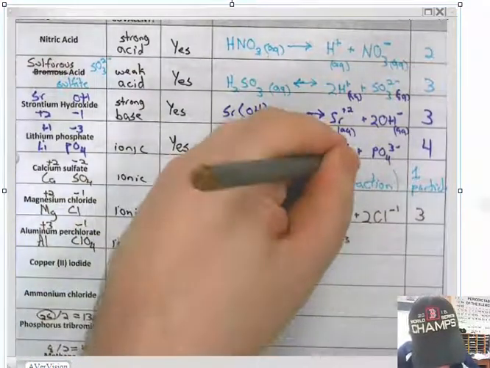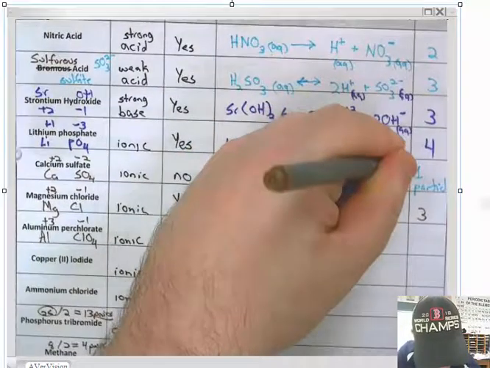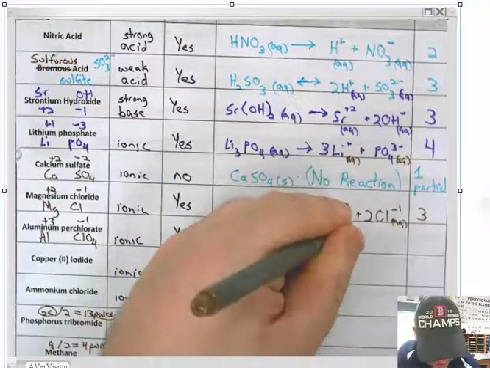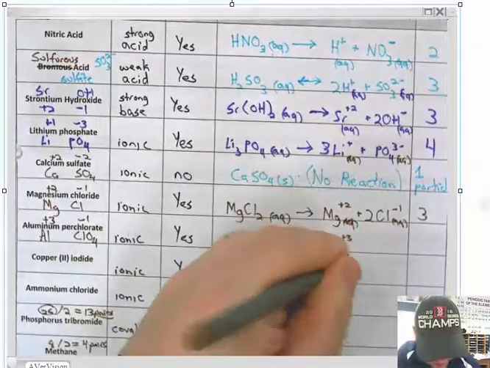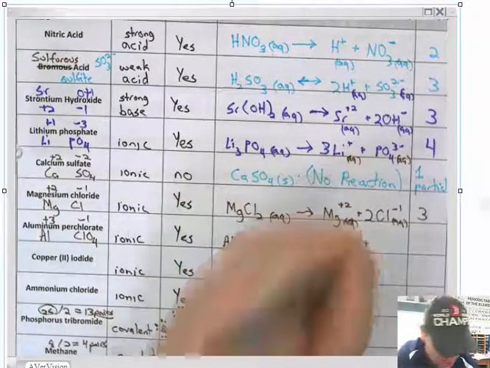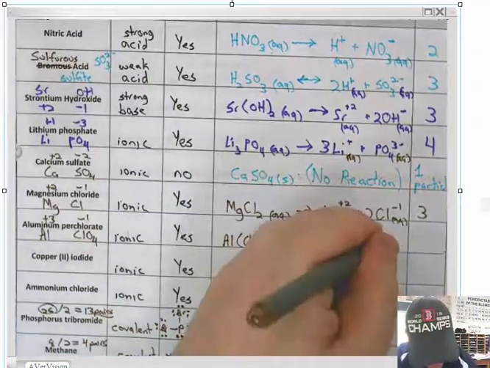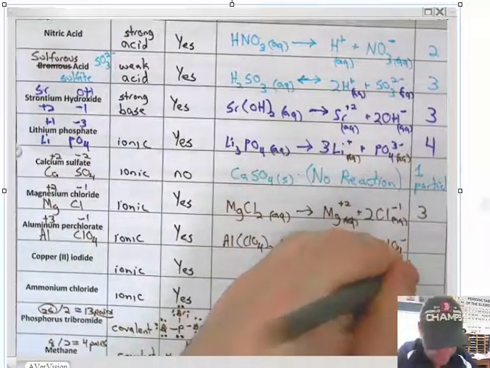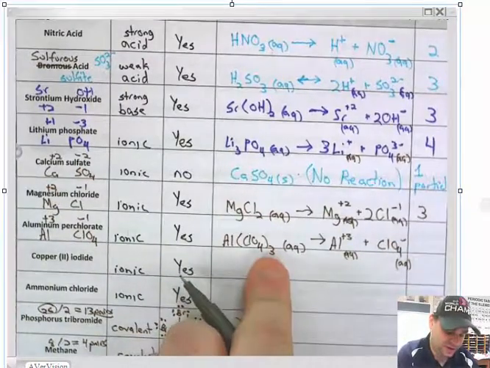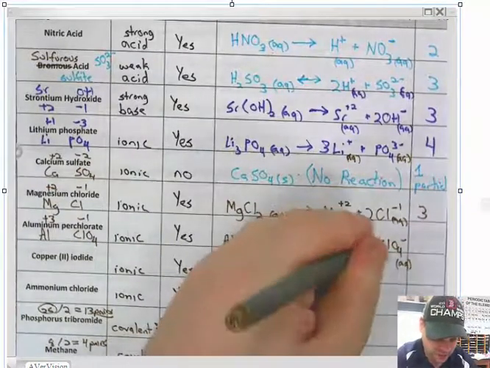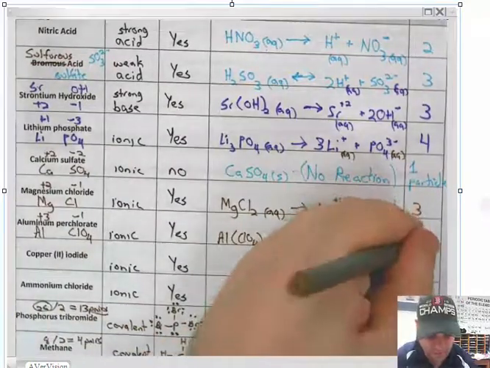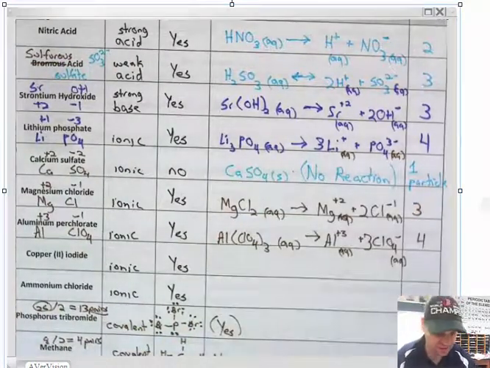Oh my goodness, I'm forgetting my aqueouses. Aqueous here, aqueous there, aqueous everywhere. If it's an ion, it is aqueous. And my perchlorate ion, which is aqueous. There are 3 perchlorates here, so that now becomes a coefficient. 1 plus 3 is 4 ions.